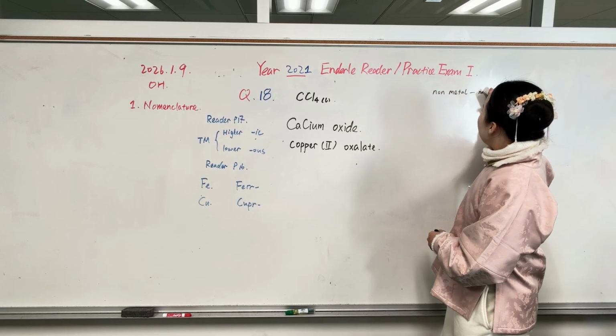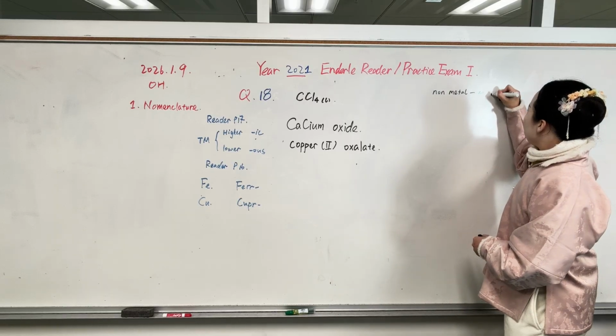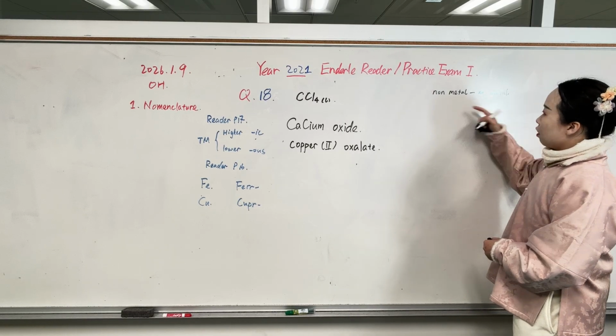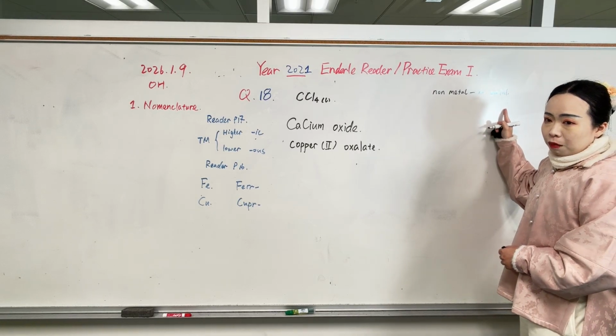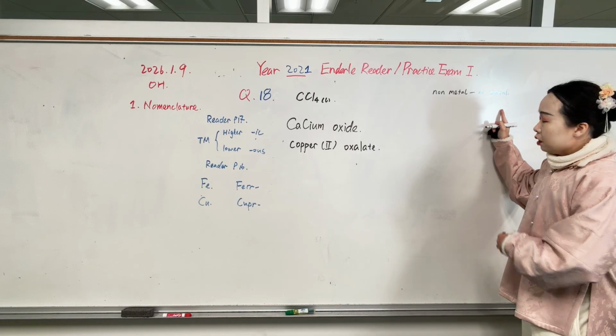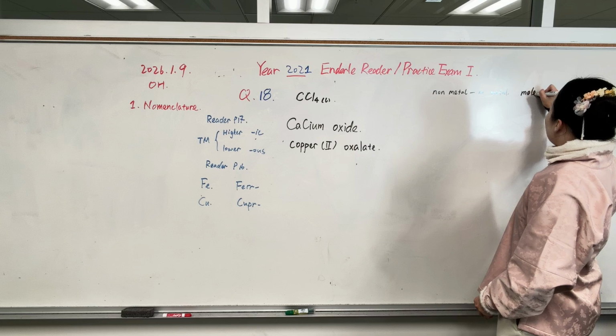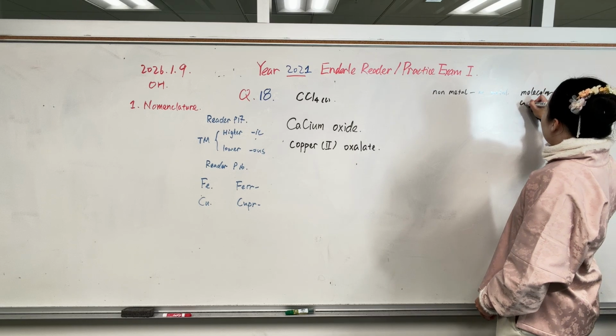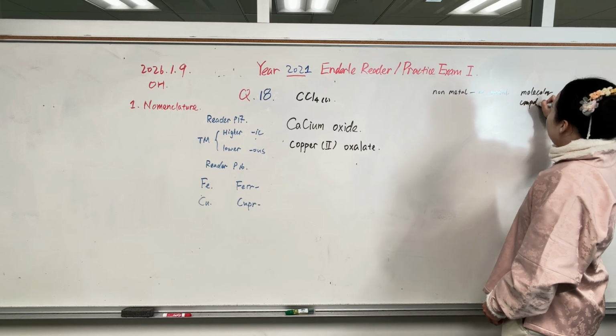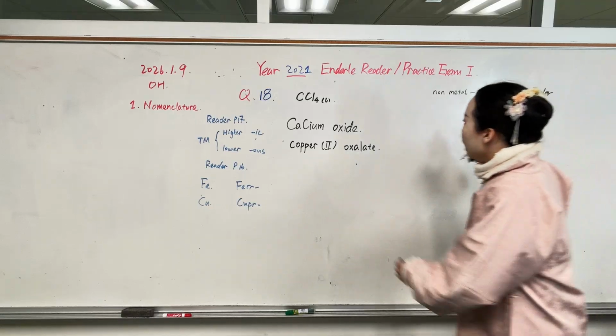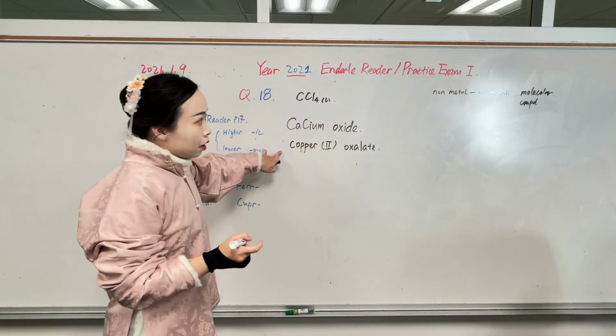So if it's a non-metal and a non-metal, that's a covalent compound or molecular compound. It does not have ions. So this is, I would say, a molecular compound. I use CMPD in my class. Then there's the one with metal and non-metal.